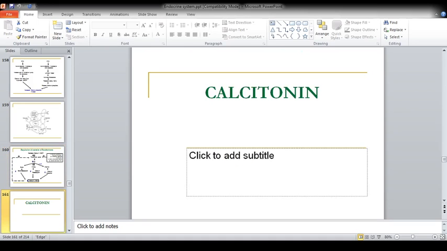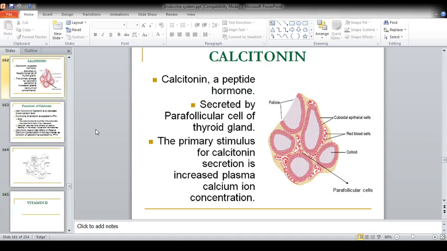The next hormone that we're going to discuss is calcitonin. So remember when I told you earlier, calcitonin in its function is direct opposite to the parathyroid hormone. Calcitonin is also a peptide hormone which is secreted by the parafollicular cells of the thyroid gland.